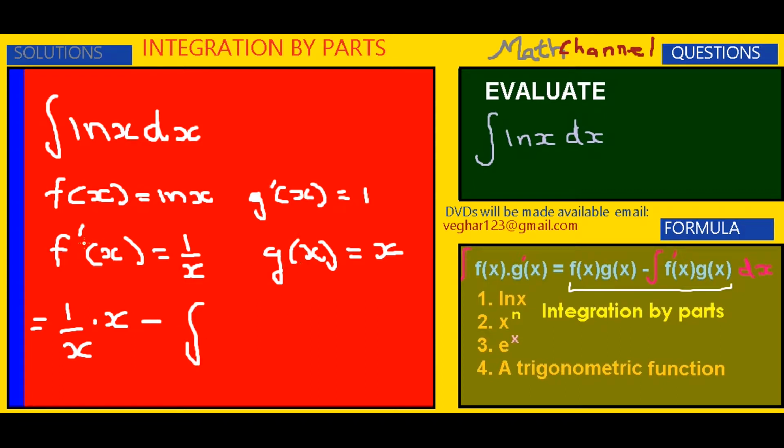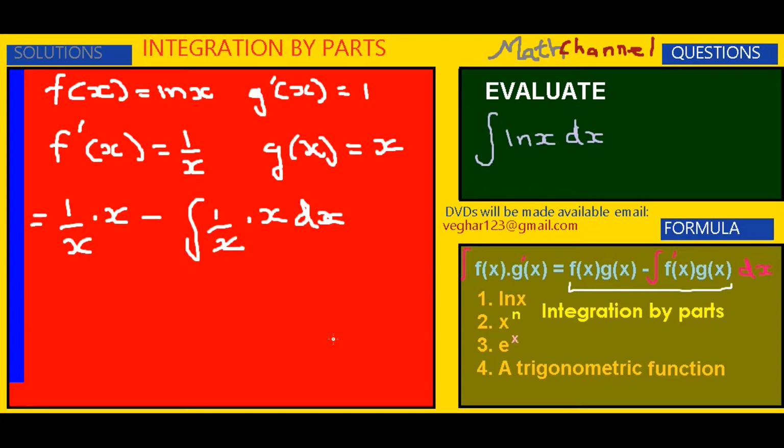Now we have to put f of x prime, which is 1 over x, and then multiply by g of x.